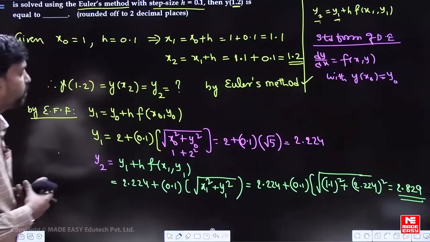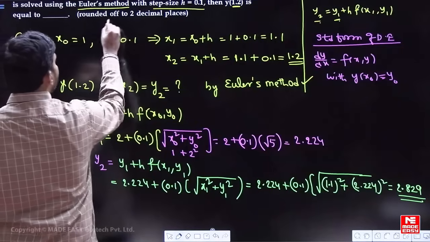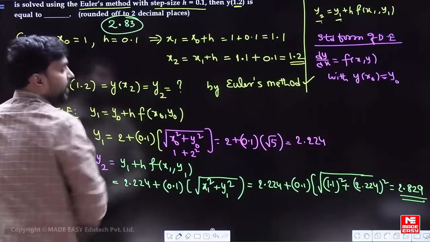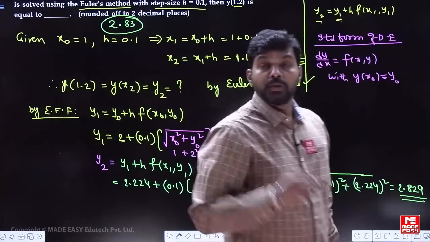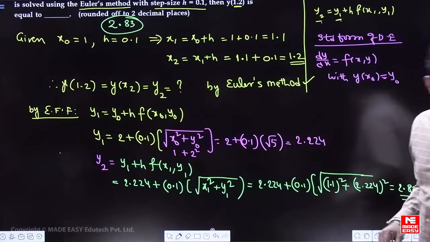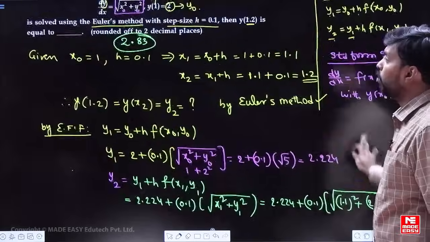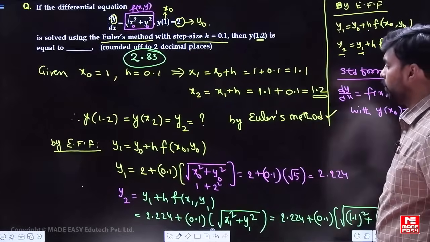Rounded up to 2 decimal places, you can take the answer as 2.83. This is the way you find the numerical solution by using the Euler method.